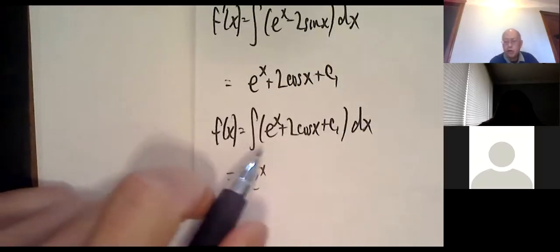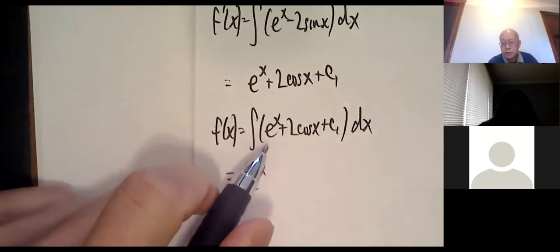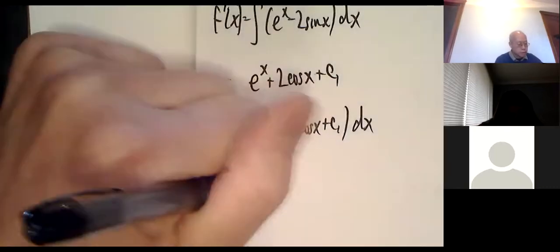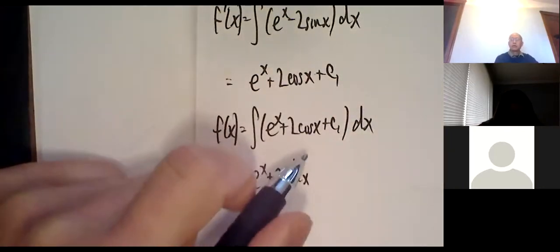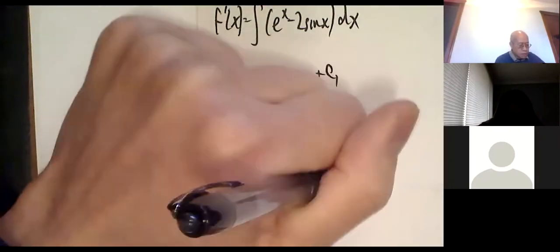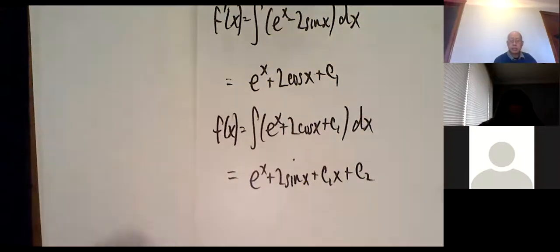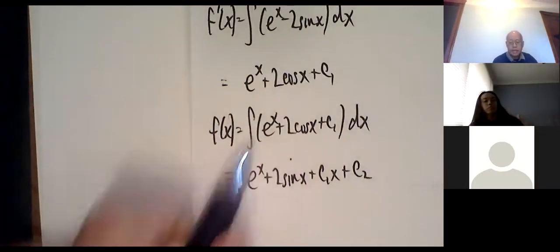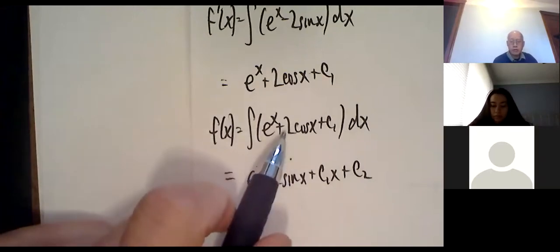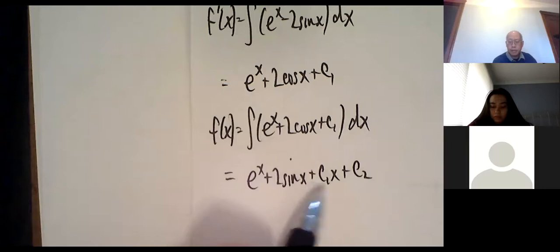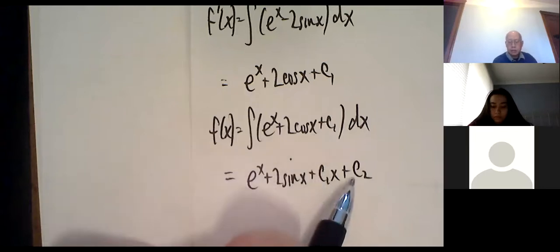What's the integral of 2 cosine x? 2 sine x. Integral of c1 is c1x plus c2. Double check. What's the derivative of e to the x? E to the x. Derivative of positive 2 sine x? Positive 2 cosine x. Derivative of c1x is c1. Derivative of c2 is 0.